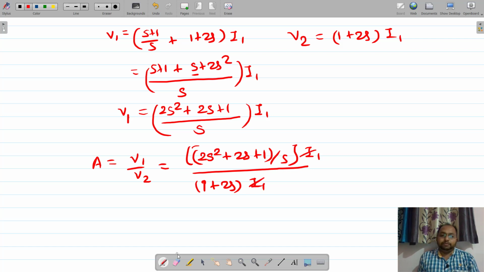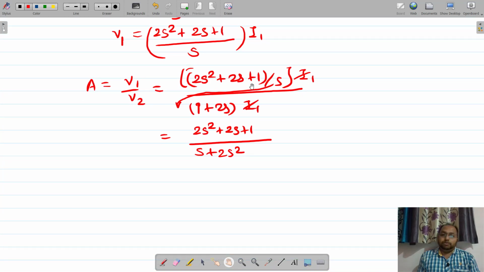Therefore this s is going to come to the denominator, right? So therefore 2s square plus 2s plus 1 divided by s into 1 plus 2s, so that is s plus twice s square after multiplying with this bracket by s. Okay, great.